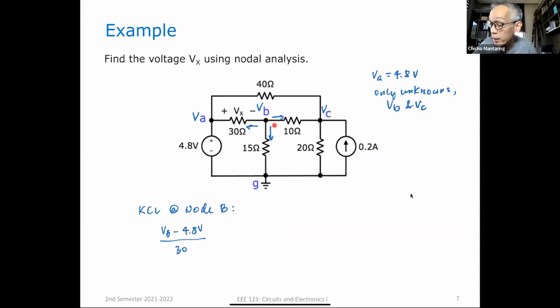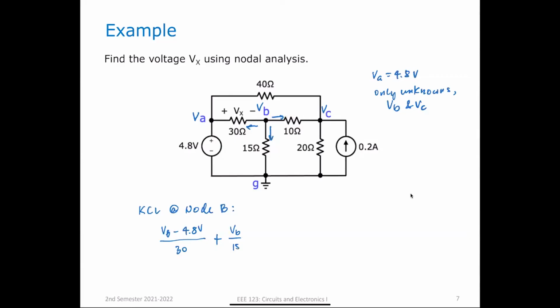What about this current? I'm doing KCL, so that's plus. What is this current? That's trivial. That's VB over 15. And then what about this current? Joseph, what is this current? VB minus VC over 10 ohms.